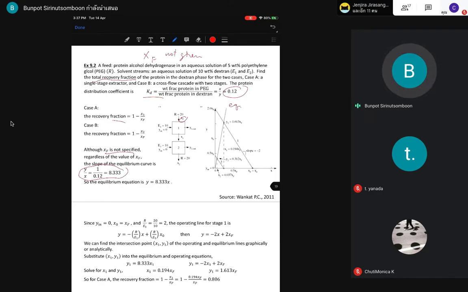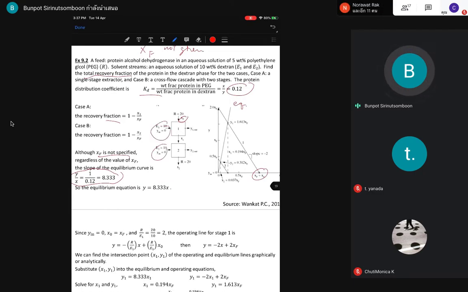We just say y is equal to 0 because we use pure solvents here. It means that y for both solvents is gonna be 0, because they are pure.